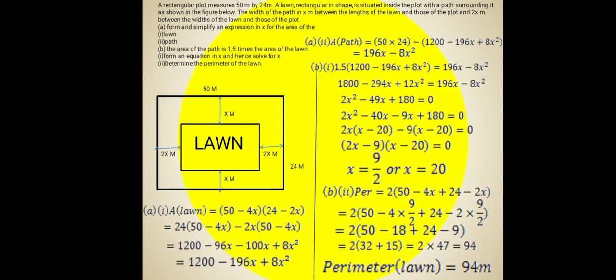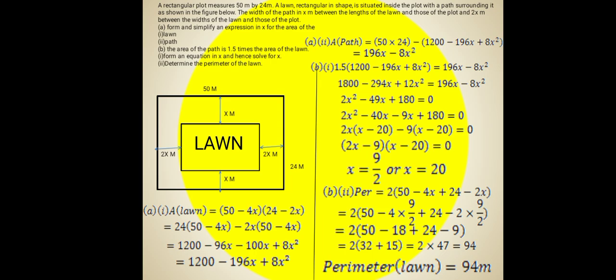Now the path will be 50 times 24 minus the area of the lawn, which is 1200 minus 196x plus 8x squared. Simplifying that, the area of the path is 196x minus 8x squared.